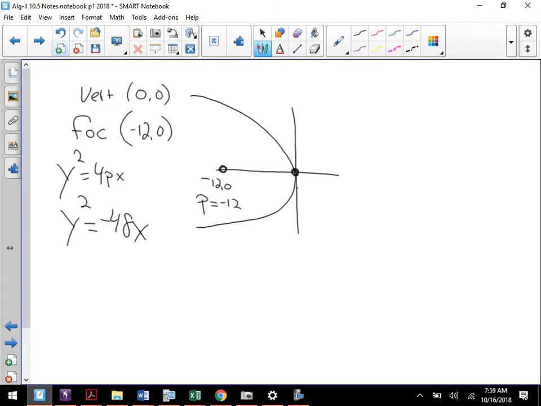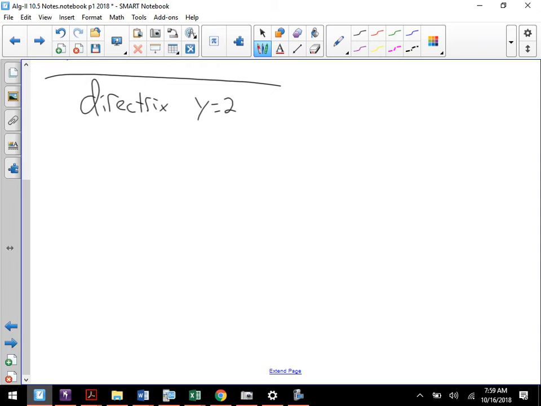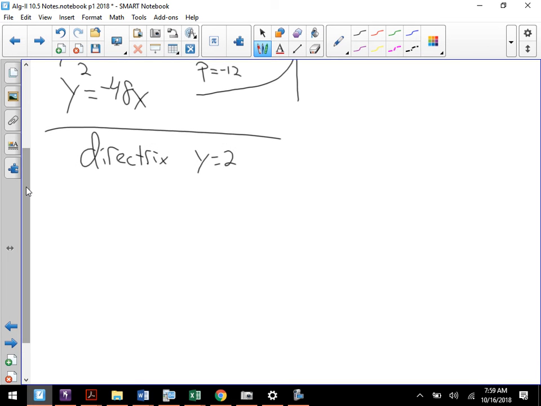So if you look at number 20, you have a directrix at y equals 2. Well, graphically, y equals 2, is that a horizontal or vertical line? Horizontal.